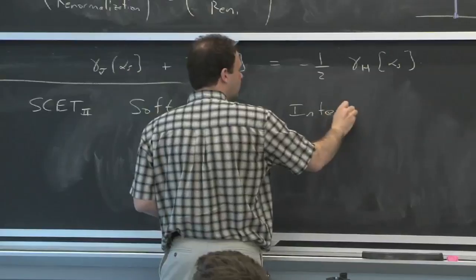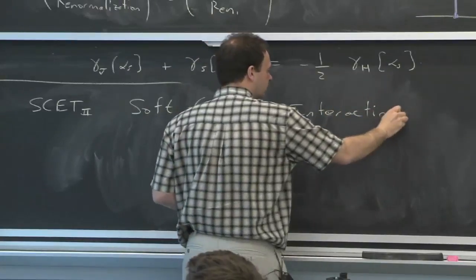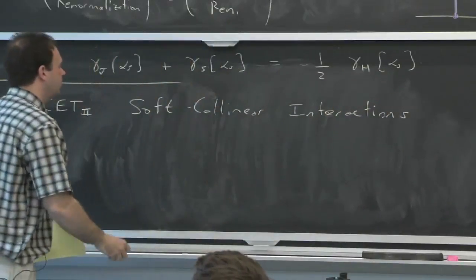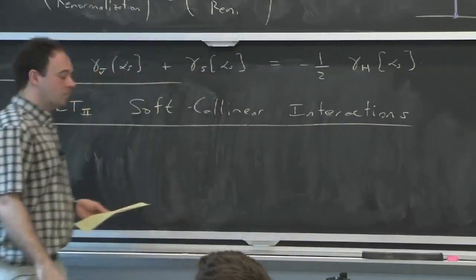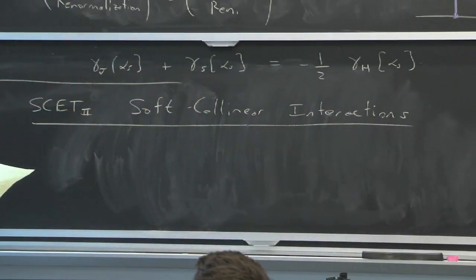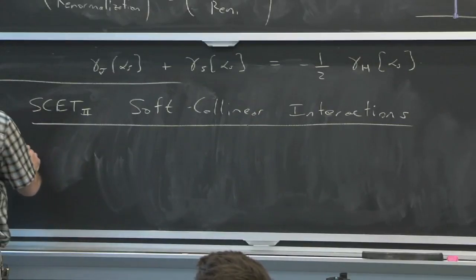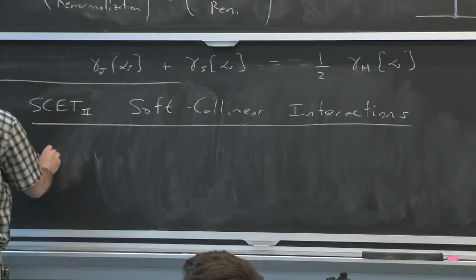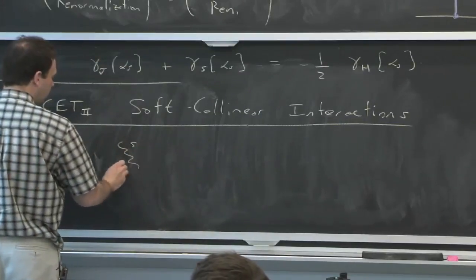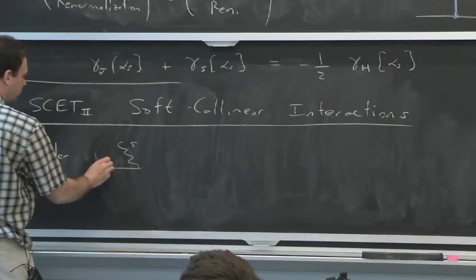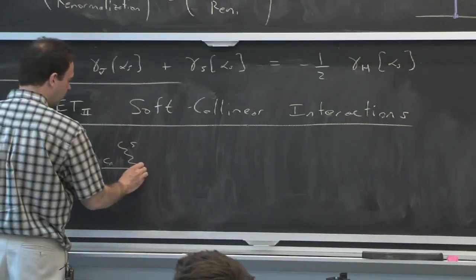So in SCET2, instead of having ultrasoft interactions with collinear particles, we have soft interactions with collinear particles. And so we have to recall how that's going to work. If we take a soft particle, consider a soft particle interacting with some collinear particle, and ask, what do we get out?